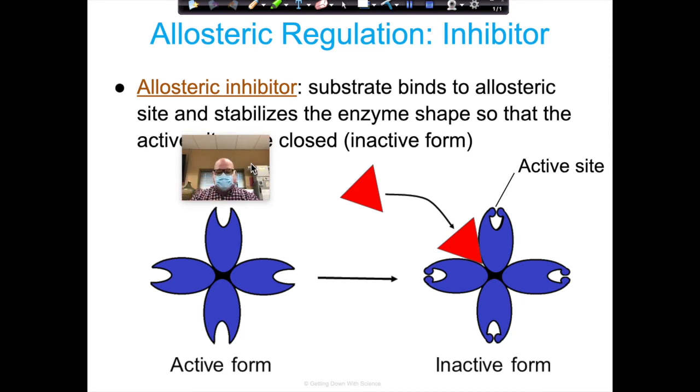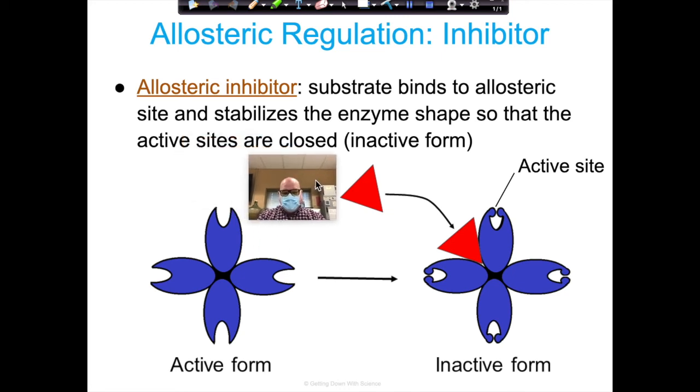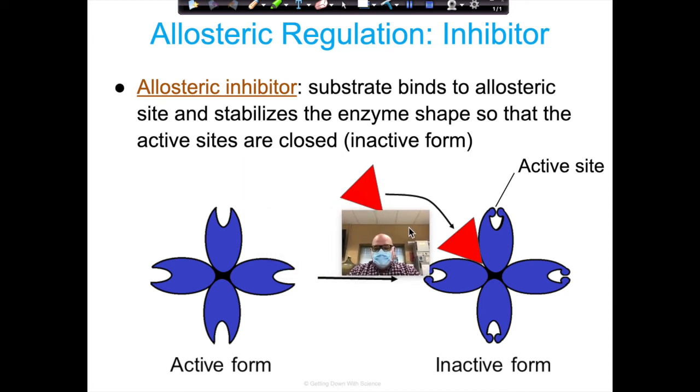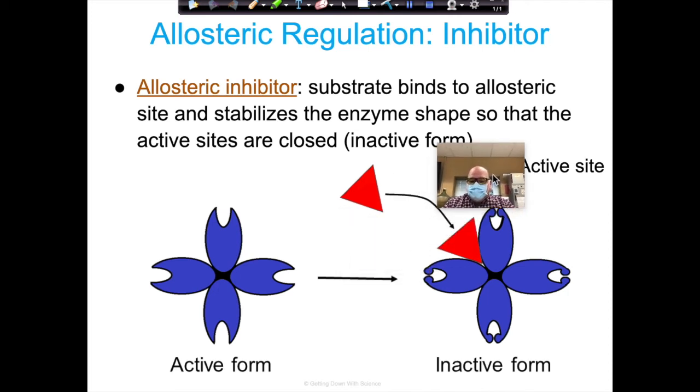It's active, it does its thing. If you look over here at this red thingy here, it jumps into sort of the spots between the leaves of this thing, and you can kind of see right here, right below me, it's closed off that little active site. Nothing can get in there now.